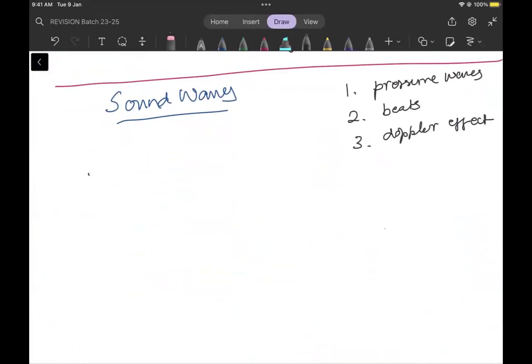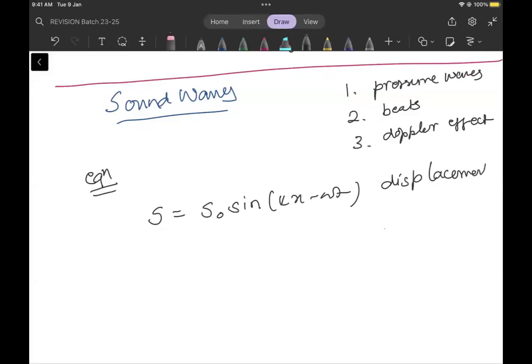So the equation of the sound wave is S is equal to S naught sine kx minus omega t. Okay, this is the displacement equation as it is called. This is not a very helpful equation because in this case we are dealing with longitudinal waves.